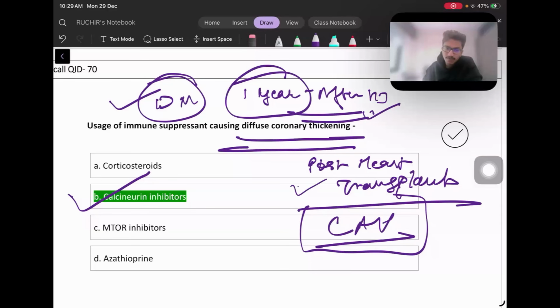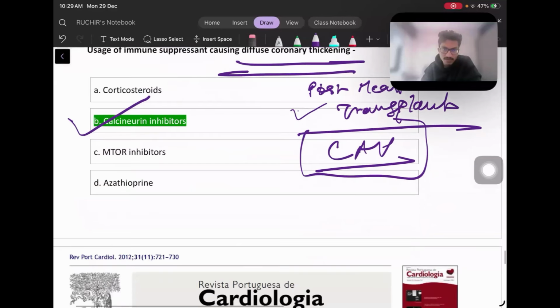But another important thing, which they have not mentioned in all three books, is that no, you cannot correlate mTOR inhibitors leading to hyperlipidemia, leading to coronary thickening. This is not the coronary thickening of atherosclerosis or hyperlipidemia. This is the diffuse coronary thickening, which is pointing towards a coronary allograft vasculopathy or type of rejection.